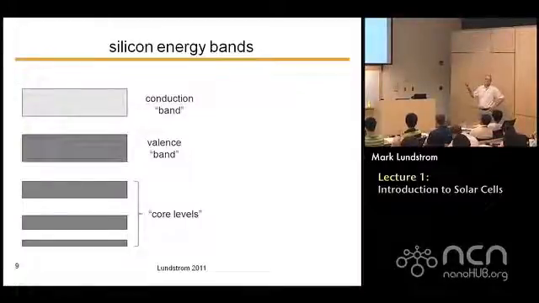Because under operating conditions, we can take a few electrons out of the valence band, or we can put a few electrons into the conduction band. The deeper levels, the core levels, are just going to remain unperturbed and shielded from us, and nothing is going to change there.